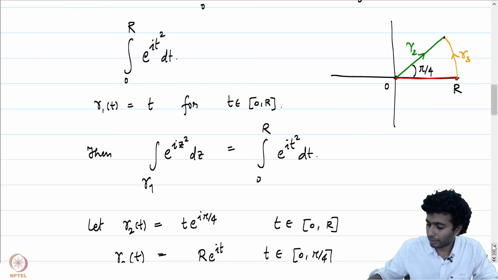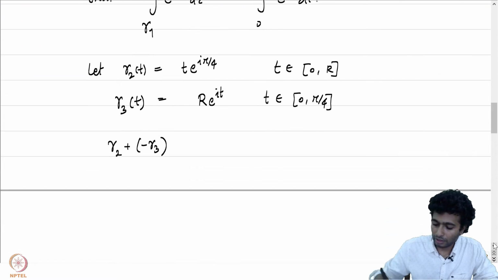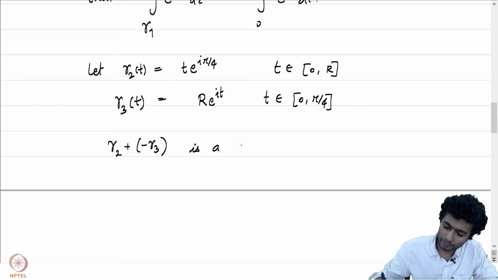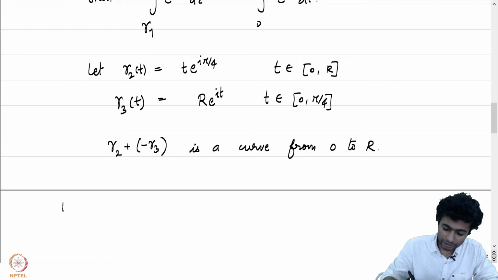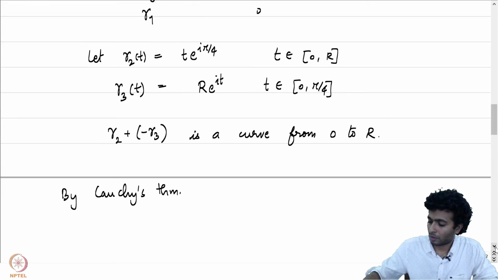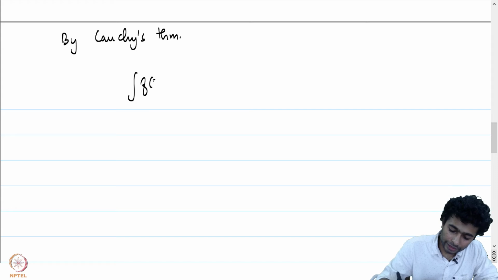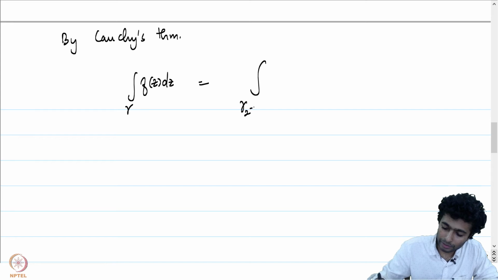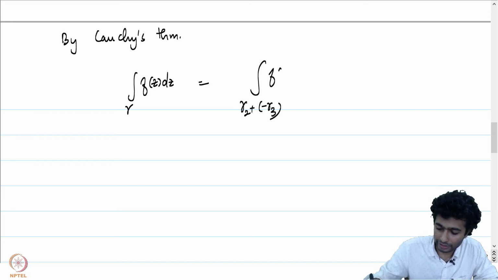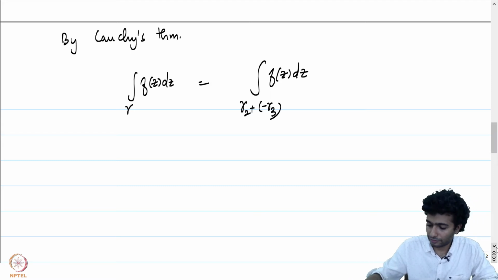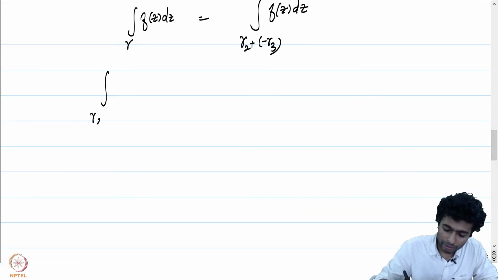Looking at the image we have drawn, the concatenation of these two curves is a curve from 0 to R. And by Cauchy's theorem on the domain of the complex plane itself, the integral of f of z dz over gamma 1 is equal to the integral over gamma 2 plus minus gamma 3 of f of z dz.